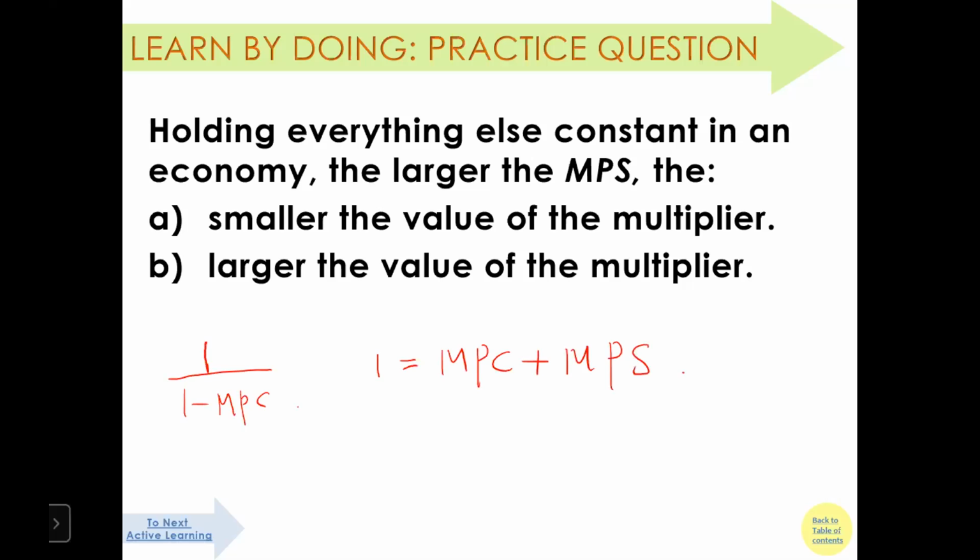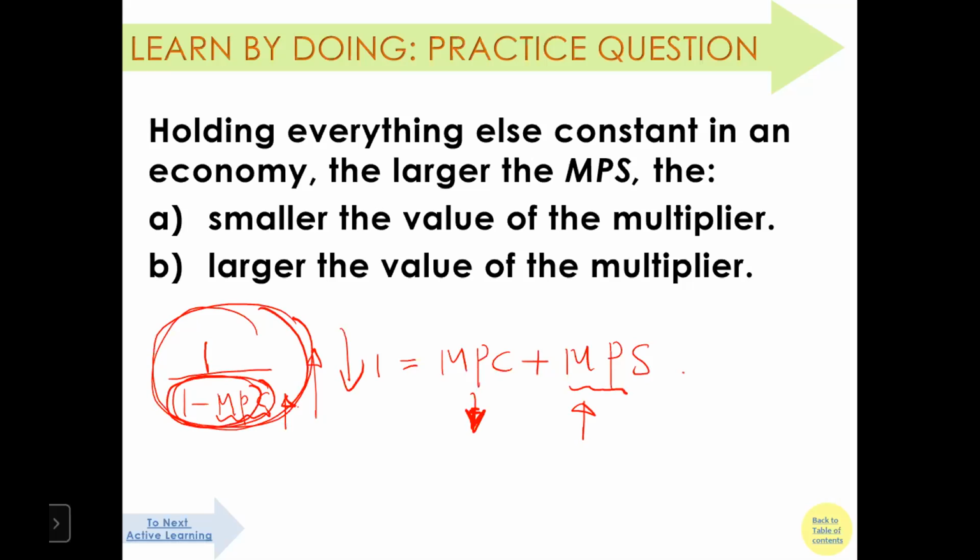So the multiplier is going to increase with MPC. Look at this equation: a higher MPC means a smaller denominator, meaning the larger this entire term. Now, if MPS increases, MPC decreases, and then the denominator increases, and the entire multiplier decreases. So the answer is A.